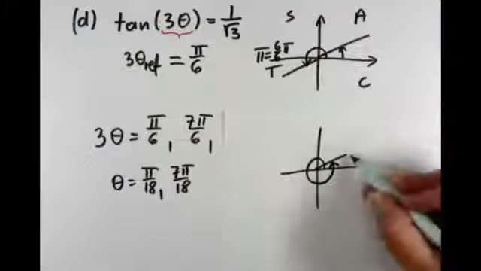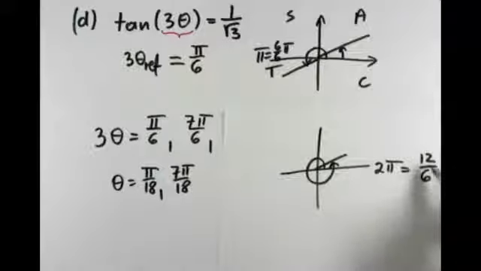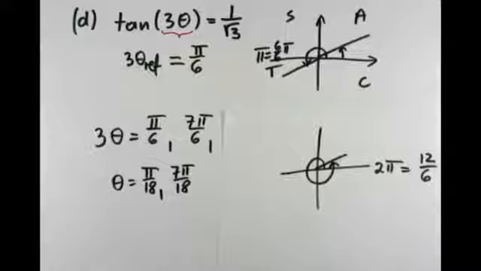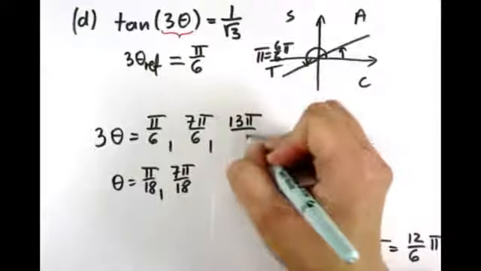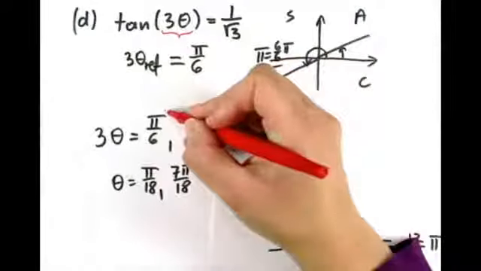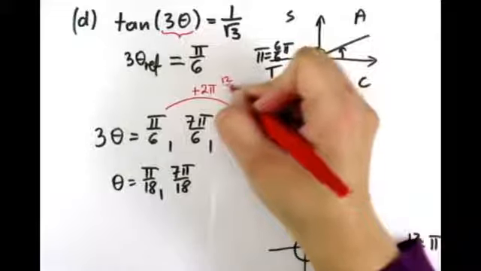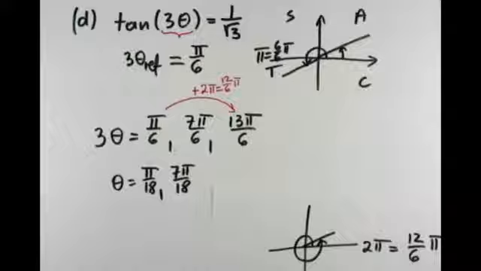It would be 2 pi plus this one. 2 pi in terms of 6s is 12 over 6 pi. So I need to go 12 over 6 plus that reference angle 1 over 6. 12 plus 1 gives me 13 pi over 6. So basically I added 2 pi, or 12 over 6 pi.